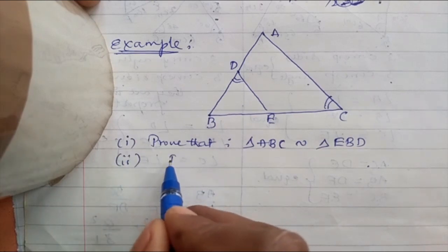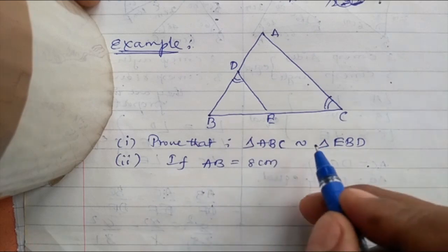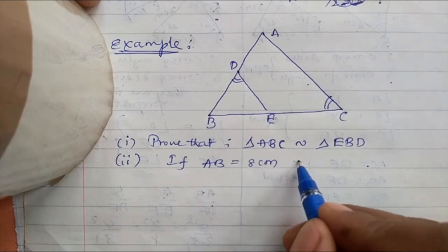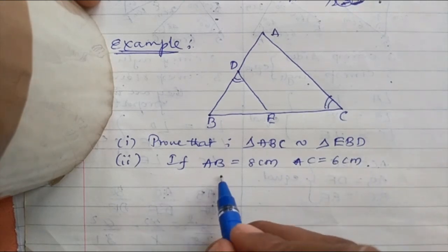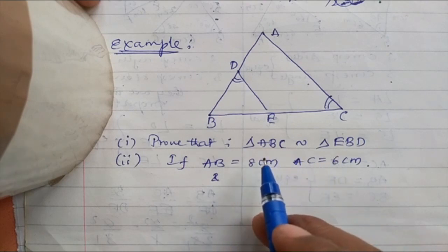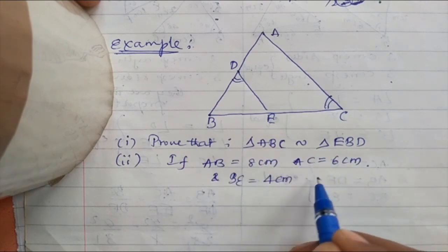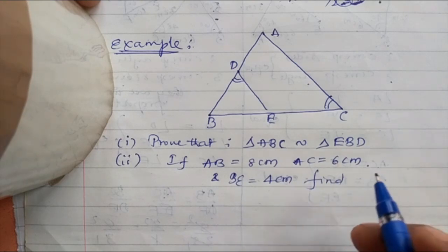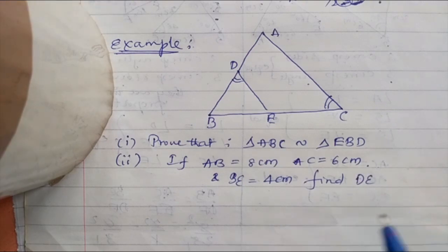Second sub question, if AB equal to 8 centimeter, AC equal to 6 centimeter, and BE equal to 4 centimeter, find DE.